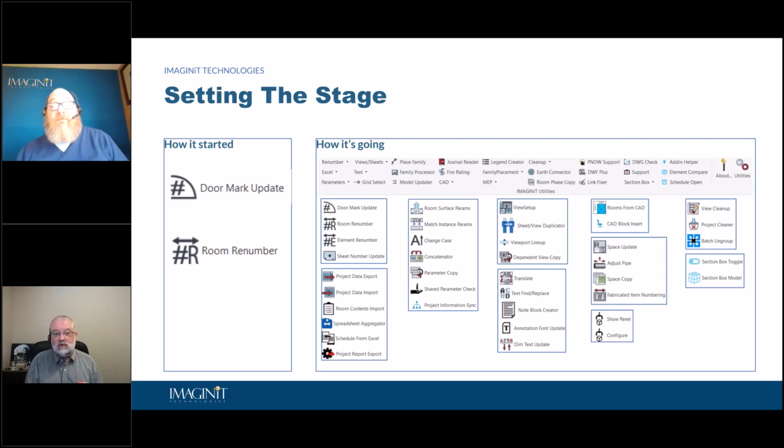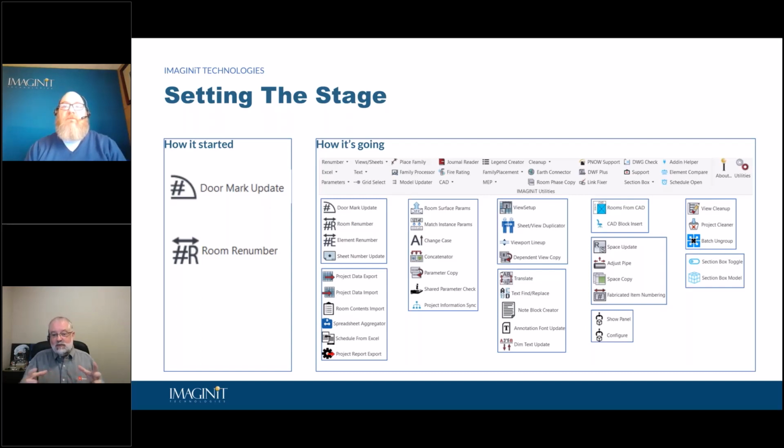So it's even larger than what we've got here of how it's grown over the years, from just 2 tools to dozens of things that fall in a mix of tools that are really great for just end users, people in production and design and engineering that just need to get stuff done, and some that are perhaps a little bit more strategic that are related to BIM managers, BIM coordinators related to a particular project.